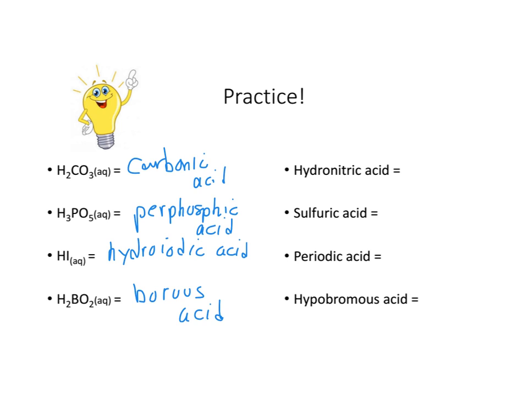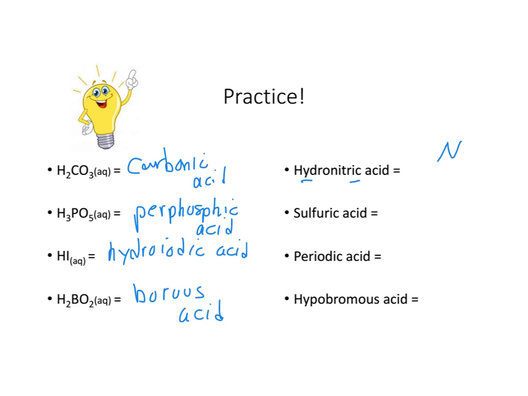Let's look at the opposite task. We're given the name of an acid and we determine the formula. So the first one here is hydronitric acid. So hydro-ic implies that the name of the compound is hydrogen something ide. And what is that something? It's going to be nitrogen. So hydrogen nitride.